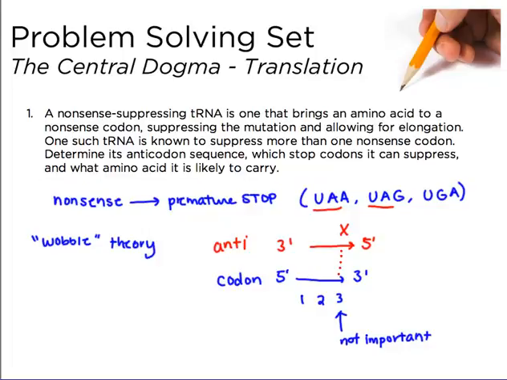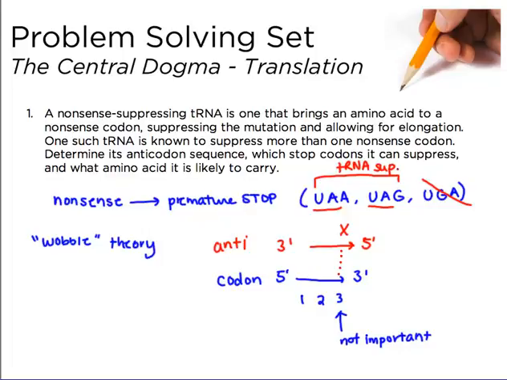So we would expect these two codons to be the ones suppressed by this one tRNA. We'll cross this one out, because the second nucleotide is a G, and the first two can't be different, they have to be the same. These are the two stop codons that this tRNA can suppress.